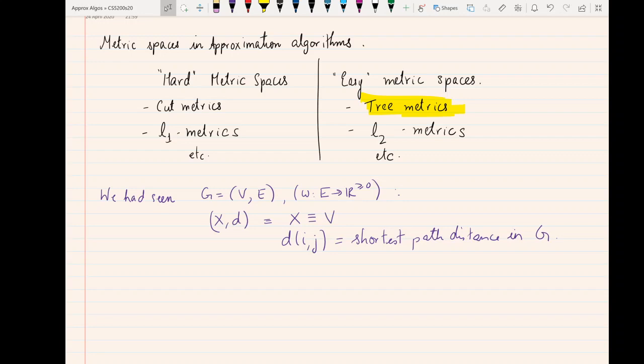Now, a tree metric is a graph metric where the graph is actually a tree. We'll usually use T for denoting tree metrics, when T is a tree.